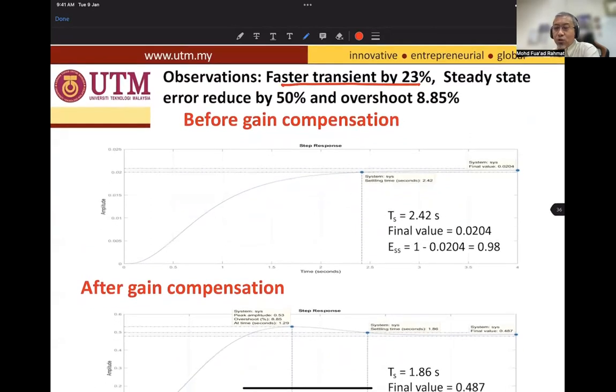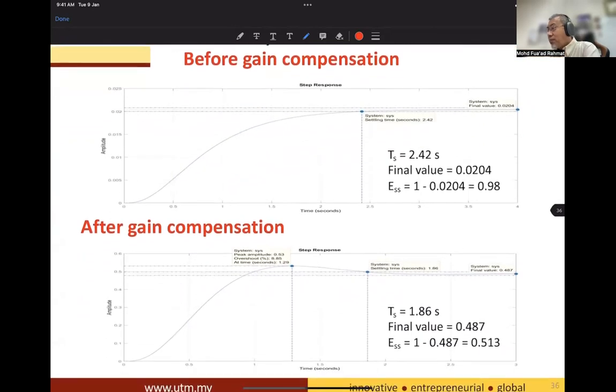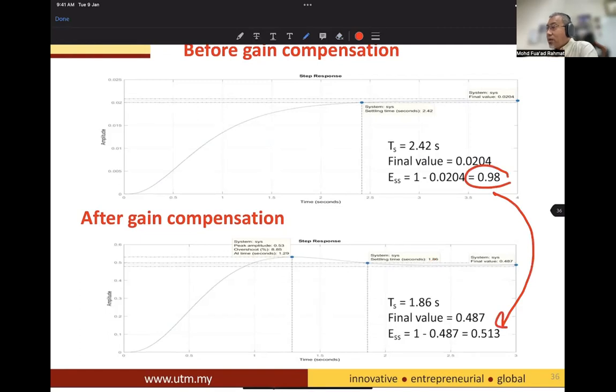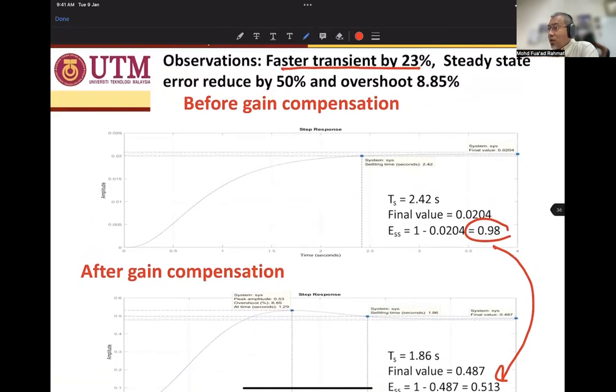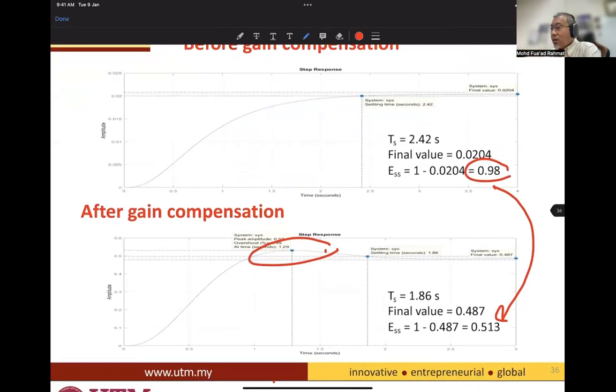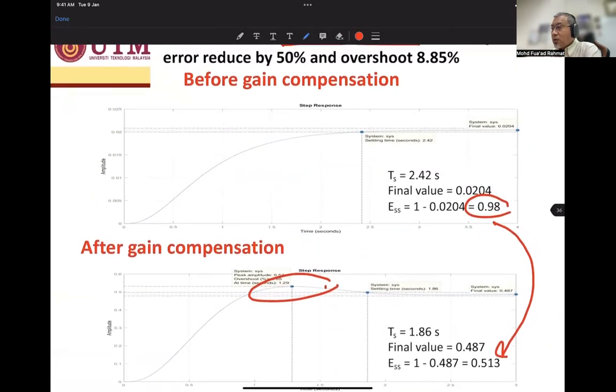Steady state error reduced by 50%, from 0.98 to 0.513. And then the overshoot is 8.85%. There is a little bit of overshoot over here after we apply gain adjustment.